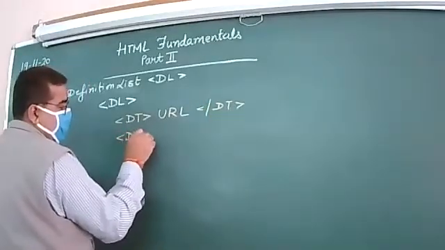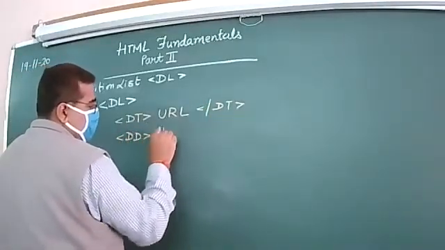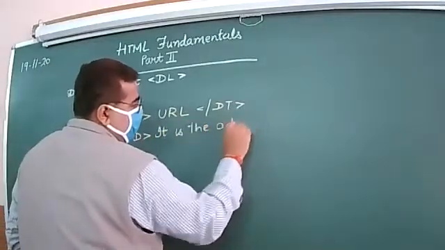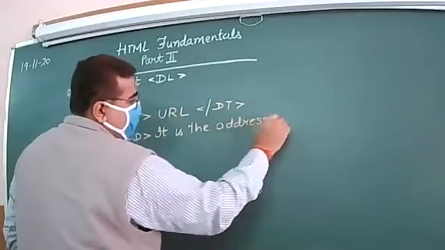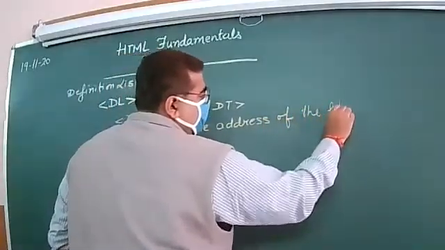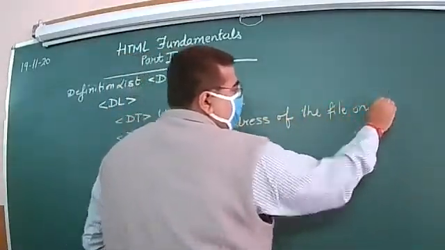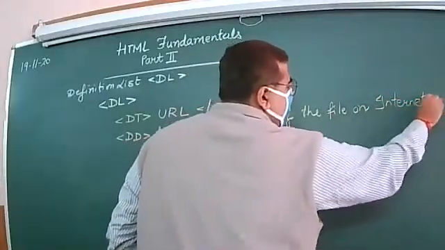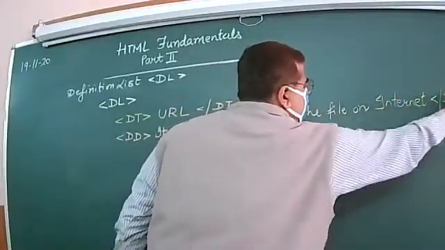I am going to define this. It is the address of the file on internet, and I close the DD.